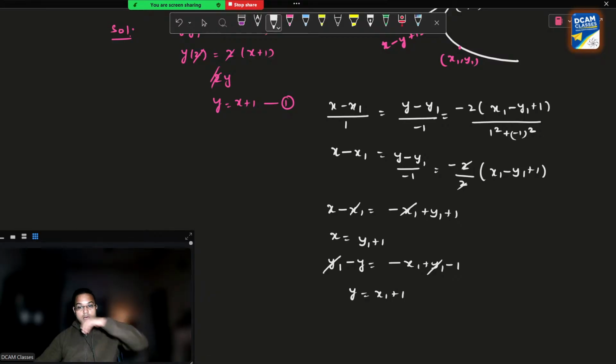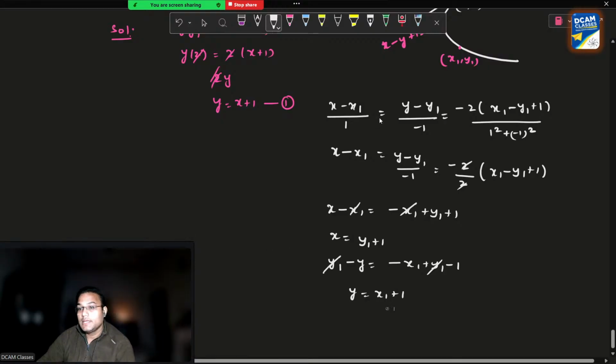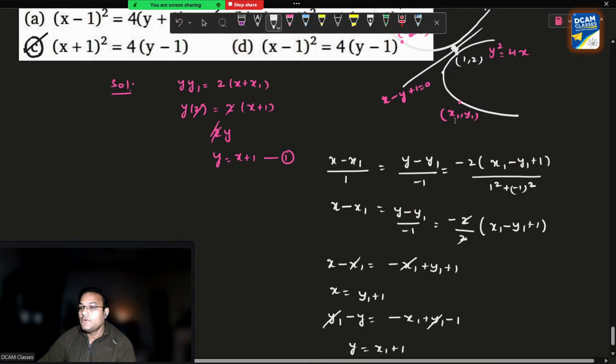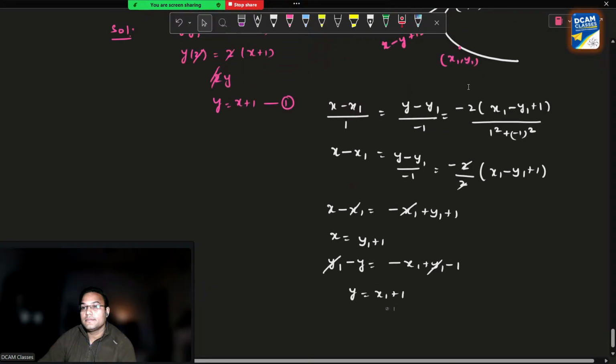Now, the point (x1, y1) that you have assumed lies on the parabola. Sir, wouldn't it be minus 1? Where? x is equal to y1 minus 1? Yeah, because you multiplied the negative sign, sir.